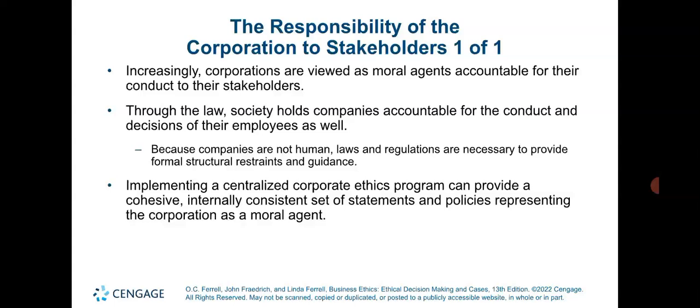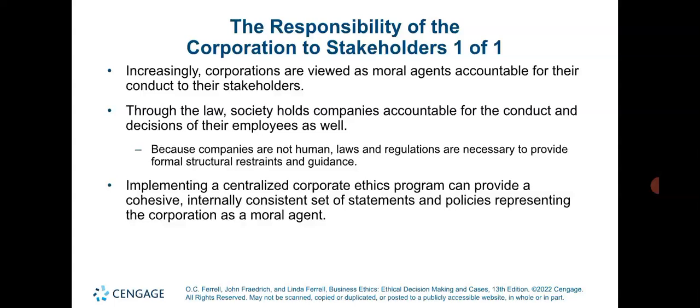Implementing a centralized corporate ethics program can provide a cohesive, internally consistent set of statements and policies representing the corporation as a moral agent. So, when looking at our corporations as moral agents, then there needs to be a specific endeavor, a specific effort to make sure that corporations follow the ethics standards or the ethics expectations on them.